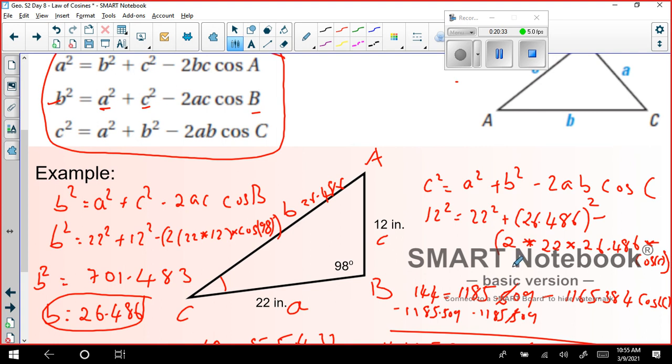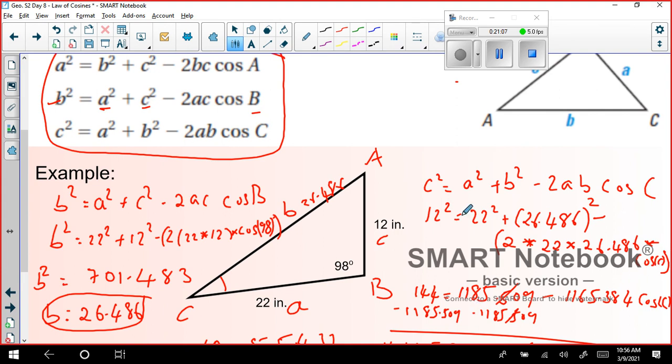Here, for example, I started with c square equals a square plus b square minus 2ab cos C. I'm trying to find angle C. So I substituted: c square was 12 square, a square was 22 square, and 2ab cos C, that's 2 times 22 times 26.486 times cos C.